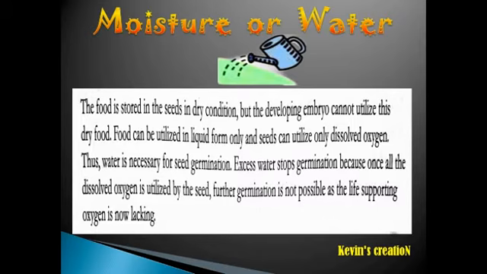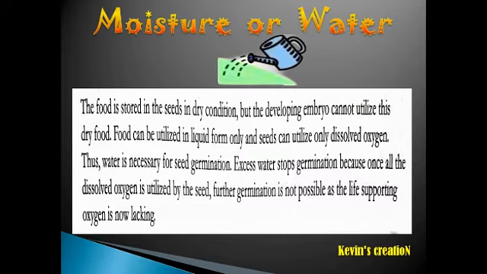If too much water is there, germination will not take place either, because once all the dissolved oxygen is utilized by the seed, further germination is not possible, as the life-supporting oxygen is now lacking.